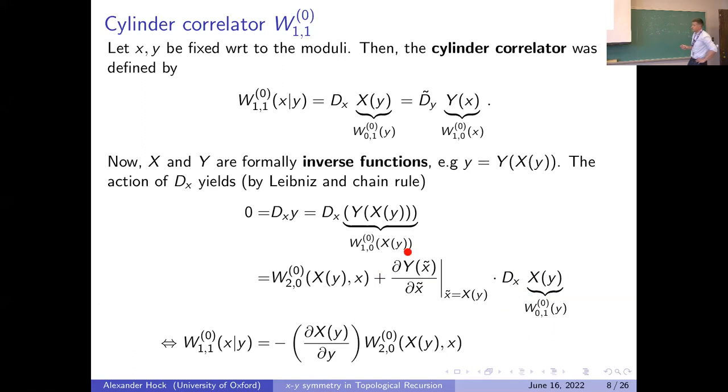And then this inserting is just here, this derivative of capital X of y. So you can bring it to the other side, and then you form this one, this one. So you have W011 xy is given by dx of y by dy, and here just by the Bergman kernel again.